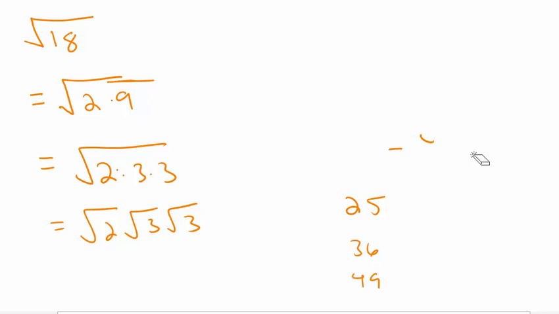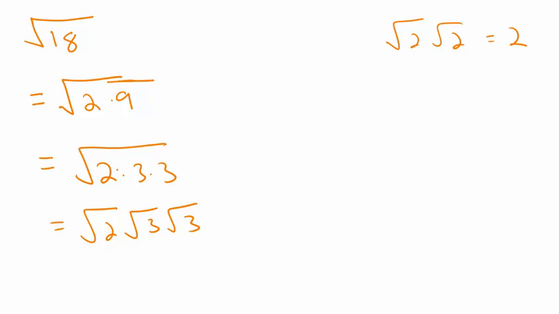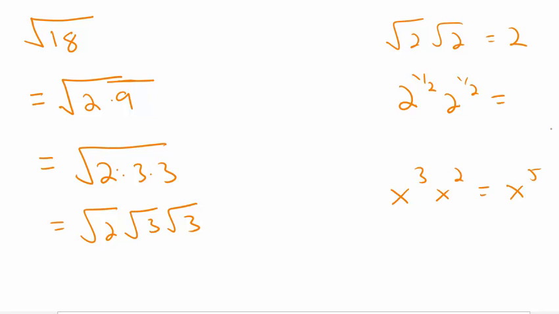Now remember that if you have square root of 2 times square root of 2, that equals 2, because square root of 2 is the same thing as 2 to the 1/2. When the base is exactly the same, like x cubed times x squared, you can add those exponents and get x to the 5th. In the same way, 2 to the 1/2 times 2 to the 1/2, you add the exponents and get 2 to the first power, which equals 2.